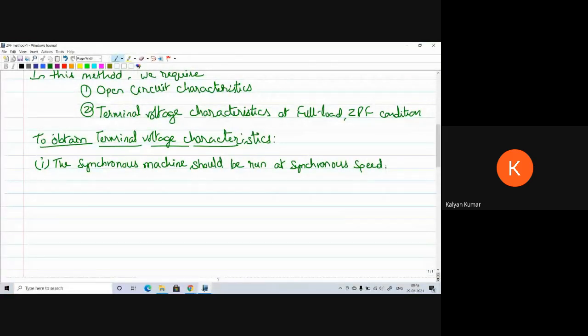So we have to run the synchronous machine at synchronous speed by using a prime mover.